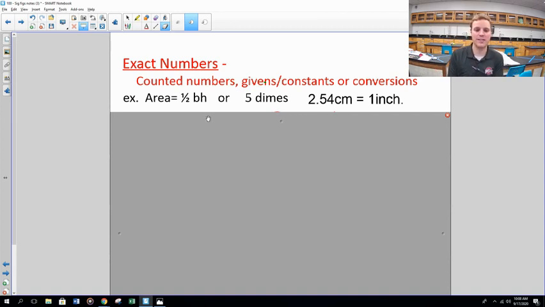That's an equation that's exact, so there's no error there. Or if you're counting something like I have 1, 2, 3, 4, 5 dimes, there's no error. It's not like, yeah, 5 dimes plus or minus 1. It'd be like, no, it's exactly 5 dimes. There's no error there. Or a conversion like 2.54 centimeters equals 1 inch. There's no error there. That is a conversion. That's a perfect exact idea.